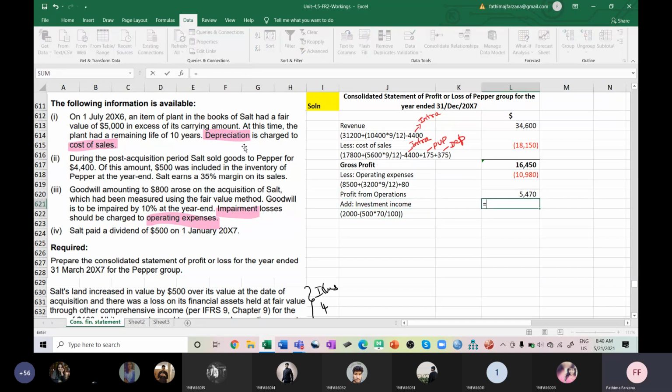So it's equal to 2,000 minus that, which is 1,650. Is there any doubt in this part?